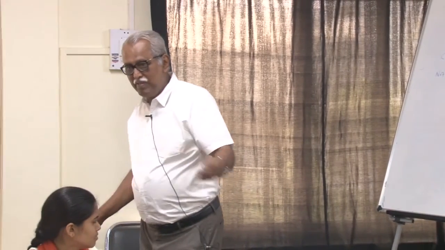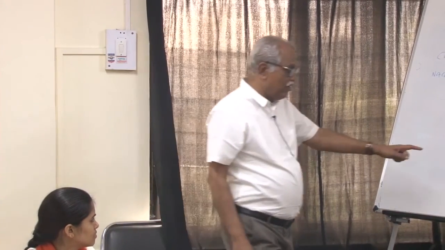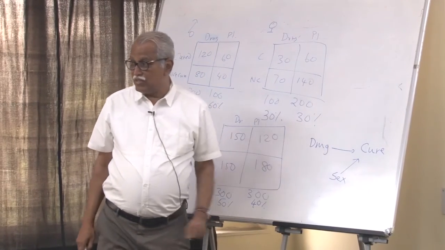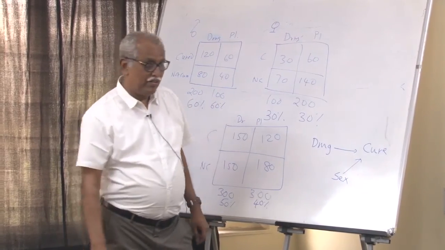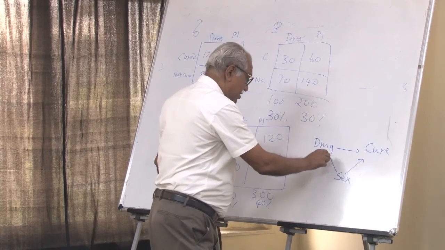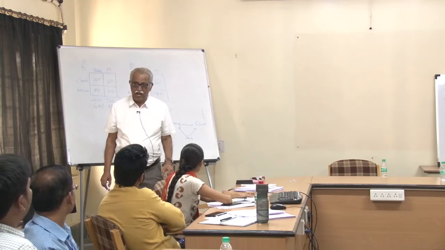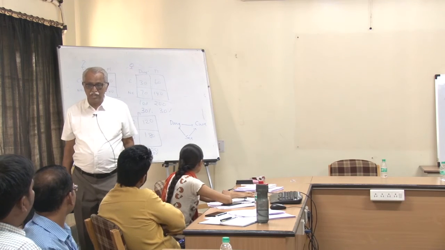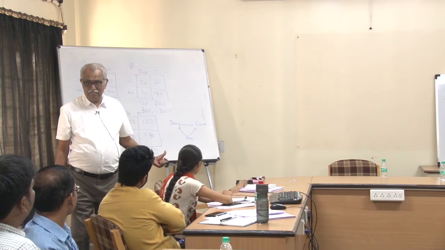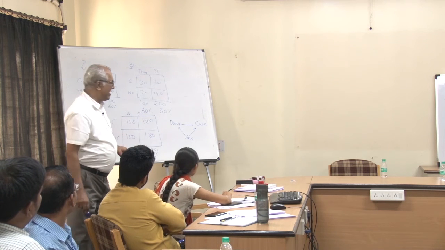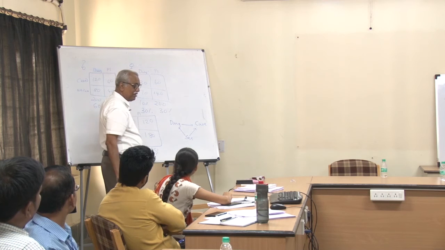Now, to complete the confounding, you need this arrow also. The chance of getting the drug has to be associated with the confounder. And we created the problem. We didn't do randomization properly. So more men got the drug and fewer women got the drug.